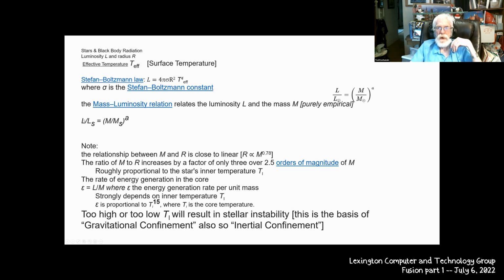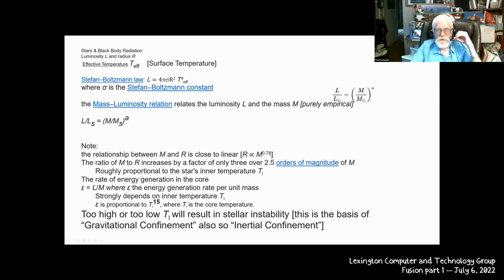So the brightness versus the brightness of the sun is almost linearly connected to the mass. Turns out for a wide range of stars, this exponent A is roughly the same. It varies by a factor of 2.5 or 3 over almost 2.5 to 3 orders of magnitude of changes in mass.